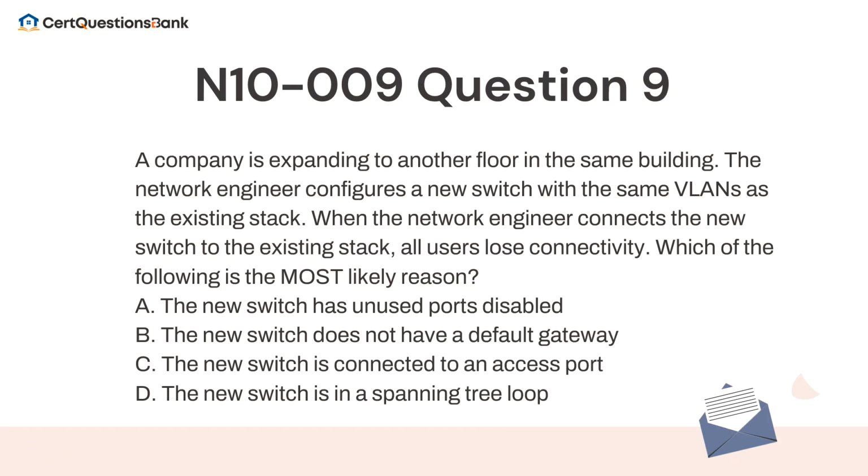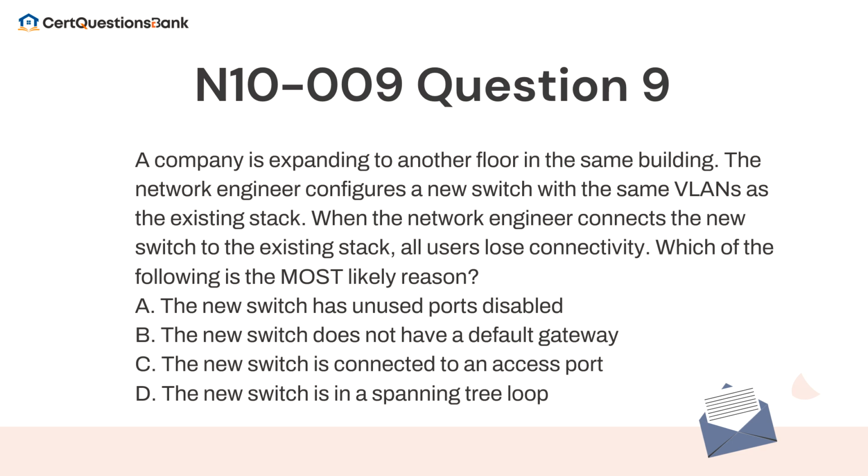A company is expanding to another floor in the same building. The network engineer configures a new switch with the same VLANs as the existing stack. When the network engineer connects the new switch to the existing stack, all users lose connectivity. Which of the following is the most likely reason?